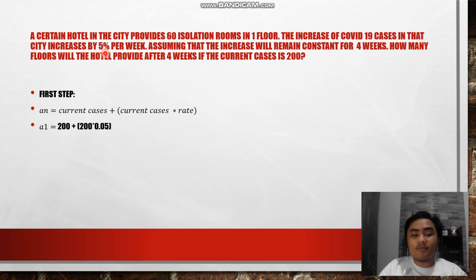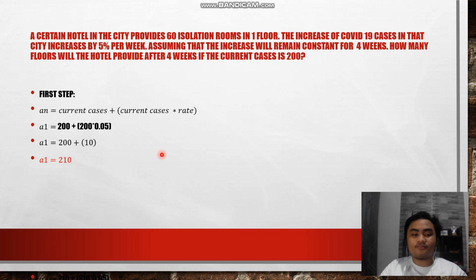To change your percentage into decimal, just divide 5 by 100 and you will have 0.05. Now, I need you to get your calculator so we can do this together. Let's continue. After that, simplify what is inside the parentheses. So A sub 1 is equal to 200 plus 10.